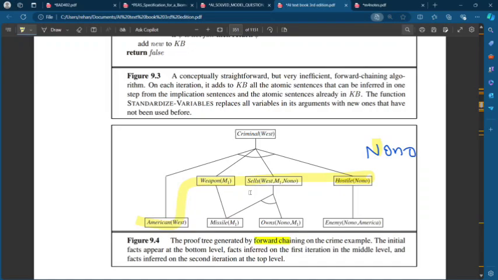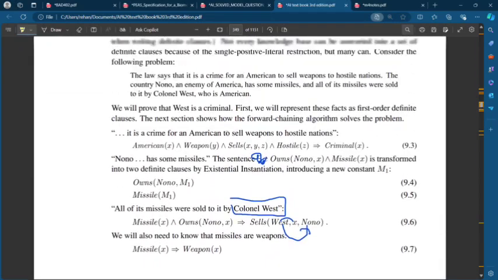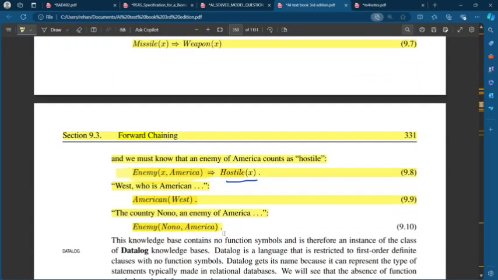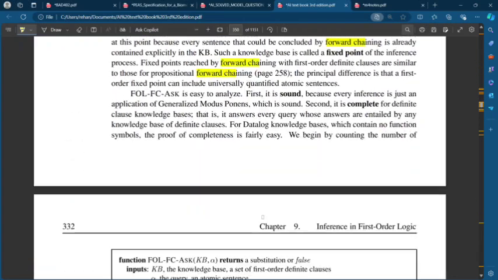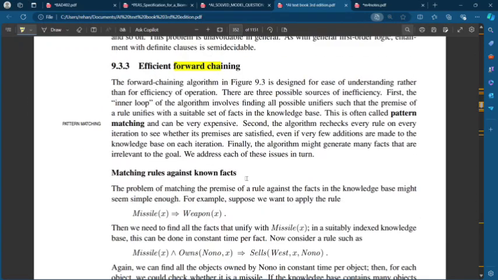First we write Weapon(X), same as you wrote here. All these things should be highlighted and written one by one. You derive from all the given facts, and at the end you get the final thing.